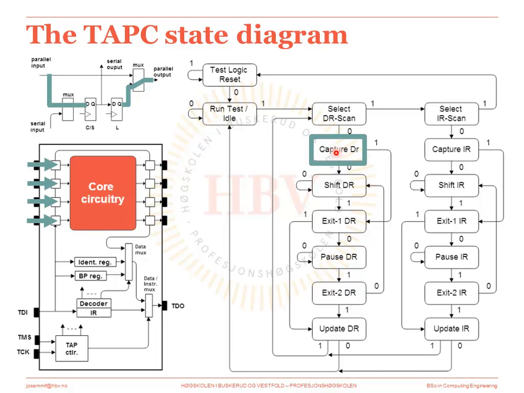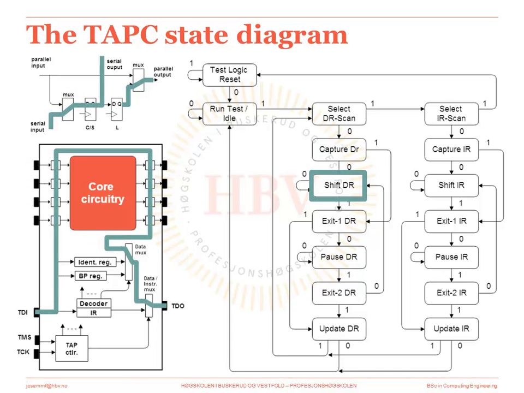Now, while going from capture data register into shift, the input multiplexer will change state, as you have seen here. And now, while we are in the shift data register state, we have this scan path comprising all the boundary scan cells, because all the input multiplexers are connected to the shift mode, setting up this serial path.